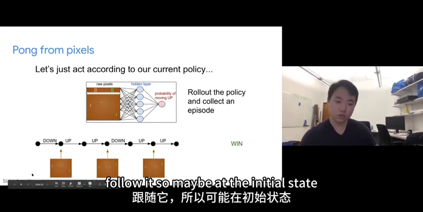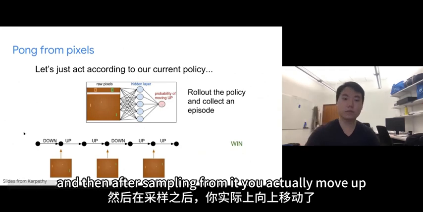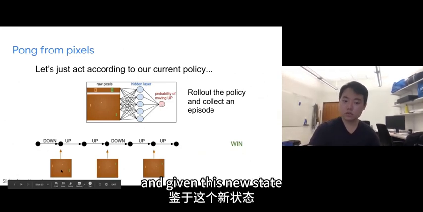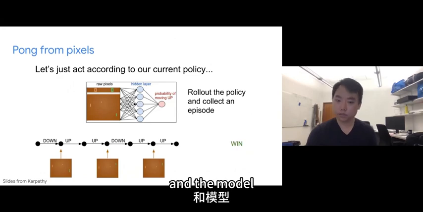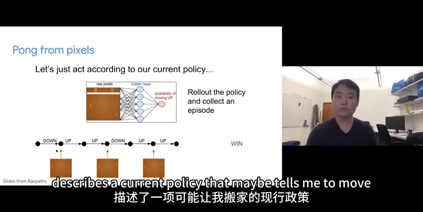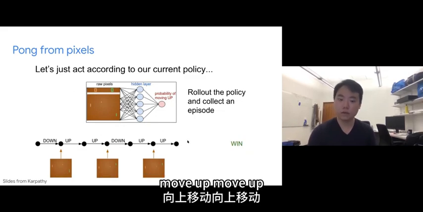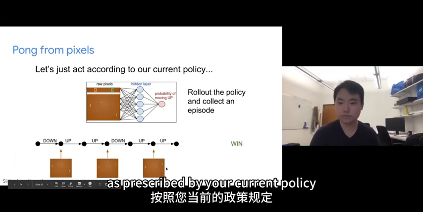Maybe at the initial state, it outputs a higher probability of moving up, and then after sampling from it, you actually move up. That takes you into a new state. And given this new state, I put it back into the current model. The model describes a current policy that maybe tells me to move up. And then you probably move up again, and then move down, move up across your sequence of states as prescribed by your current policy.